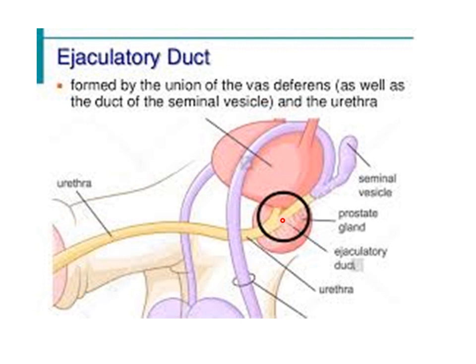The ejaculatory duct is about 2 centimeters long and penetrates the substance of the prostate gland to open into the urethra. And as indicated by its name, the function of the ejaculatory duct is to eject spermatozoa into the prostatic urethra.